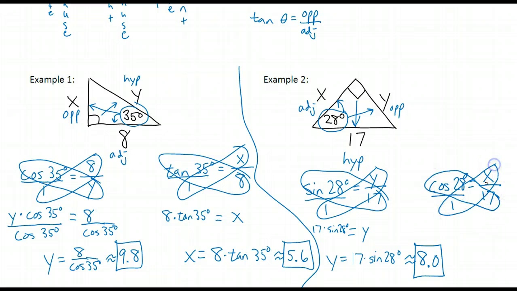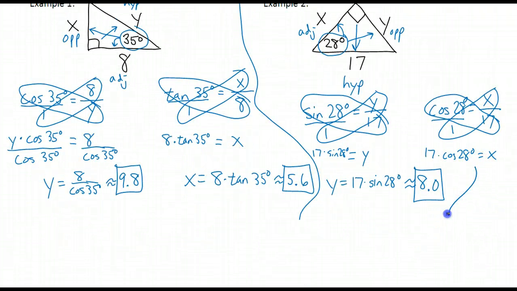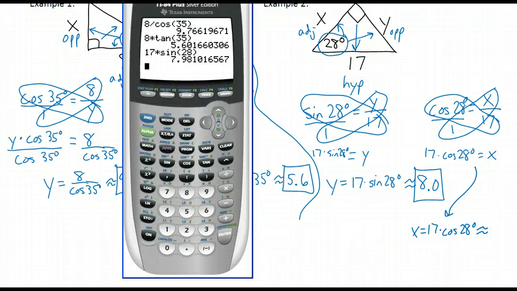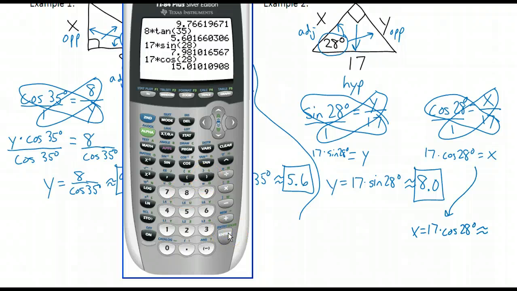So I have 17 times the cosine of 28 degrees equals x. So x is going to equal 17 times the cosine of 28 degrees. Use my calculator to approximate. I get approximately 15.